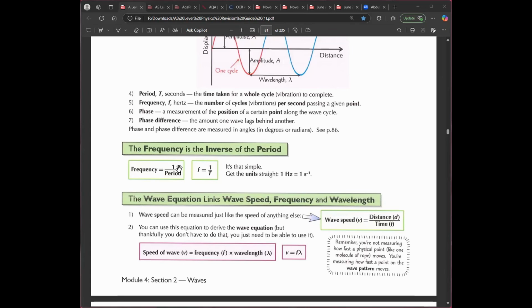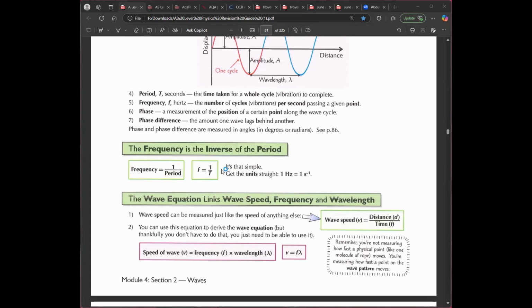Basically they are just inverse of each other. You know what period is: period is when one whole cycle of a wave has passed, and frequency is how much of it has passed in a second. So that's why you take the inverse of one and you get the other value. It's really basic, and I don't think there would be any derivation for this.